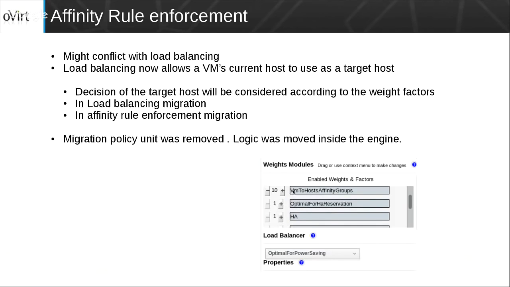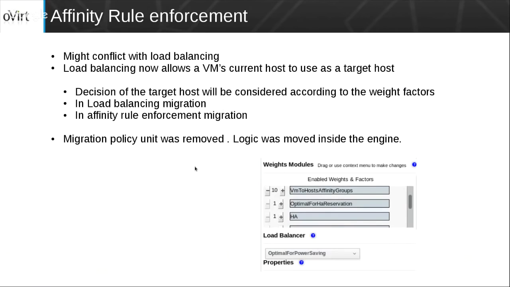So in this example, the default value for VM to host affinity groups is 10. That usually will overcome the other factors, and the affinity rule enforcer will have more weight with VM to host affinity groups. So if we have already a VM that resides on a host it should be on, it won't migrate to another host due to load balancing in the background.